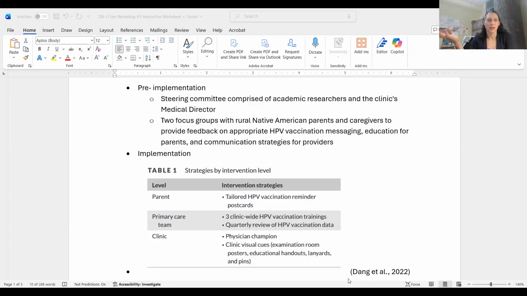We do the same thing for all the practices, even if they're randomized. All the intervention practices get the same thing, and some of them do better than others. And it could be because site A had their office manager leave and two of their providers during the period of the study.